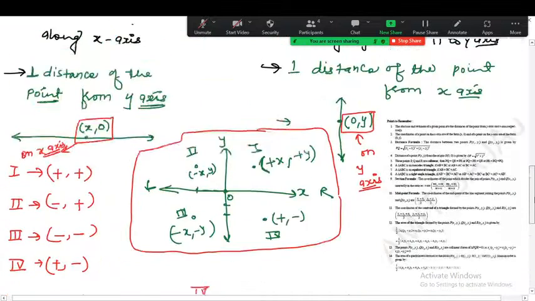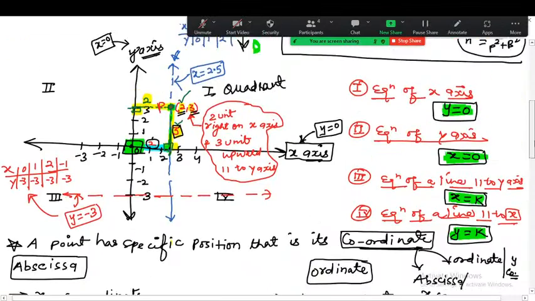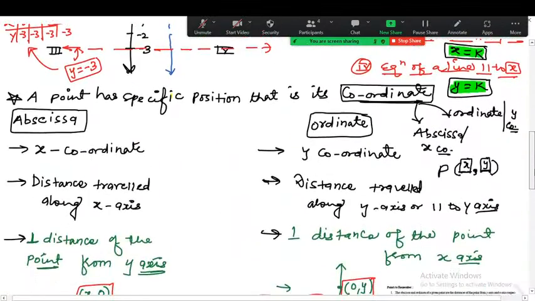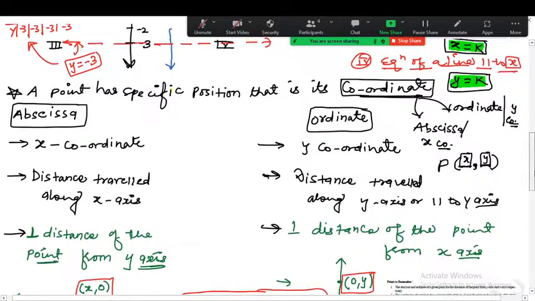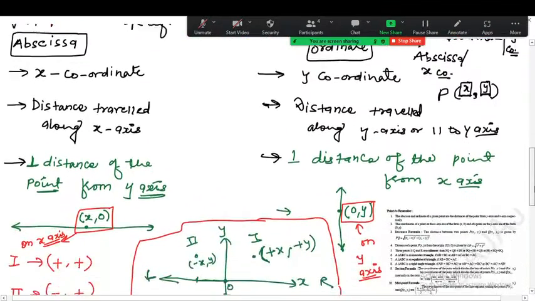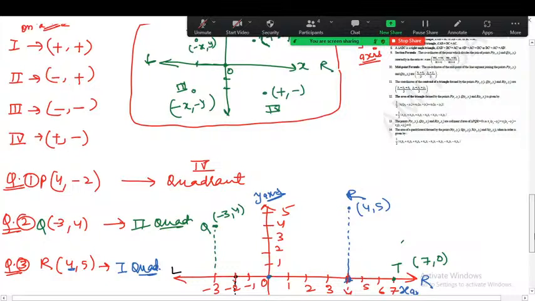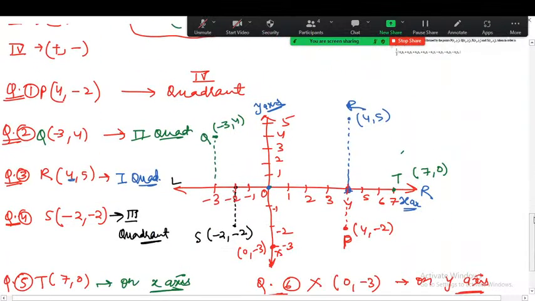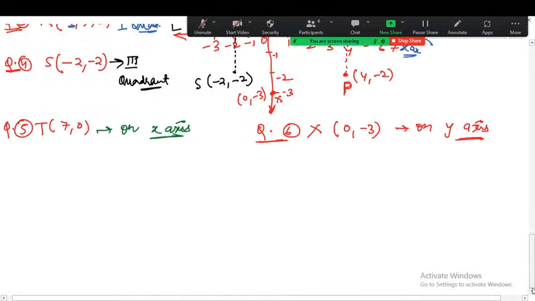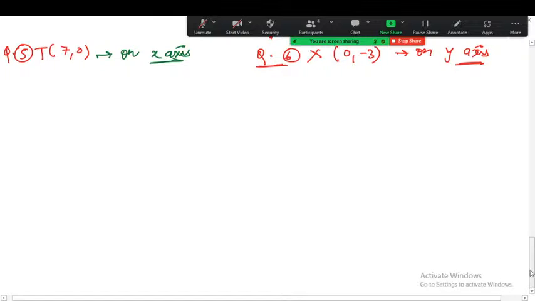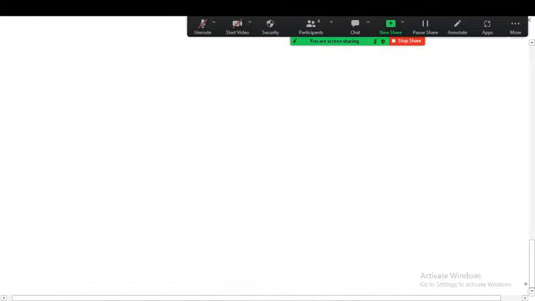Now can you identify all of these quadrants? Can you identify what is abscissa, what is ordinate, what are these differences? I think you are okay up to all these things. And if you are okay up to this, we can now go towards one more concept that is known as the distance formula. There are two things that we can deal with here related to coordinate geometry.